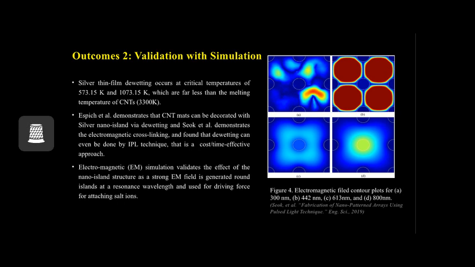Another research conducted by Seok et al. revealed the electric field cross-linking and that dewetting can be done by pulse light technique. The approach is cost-effective and easy to operate. Figure 4 shows nanoparticles cross-linked by an electric field at a specific wavelength.